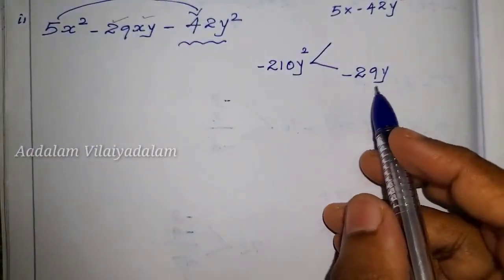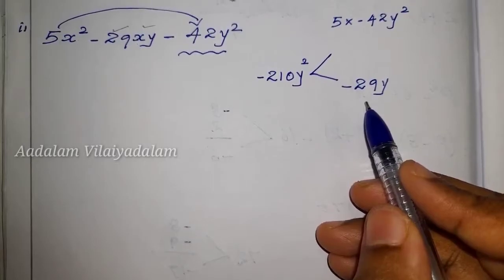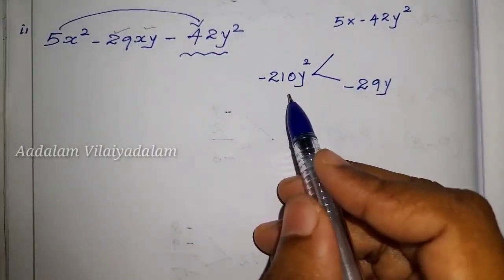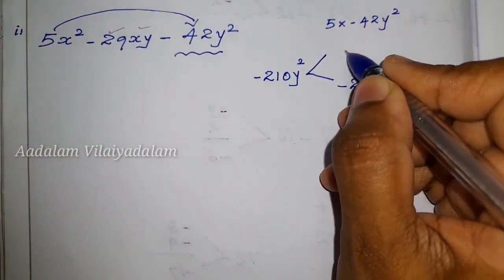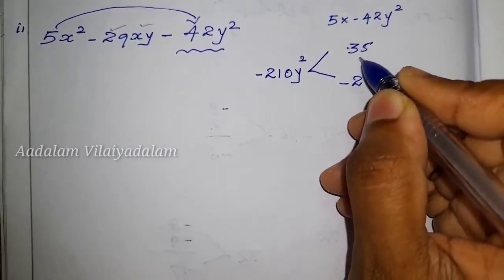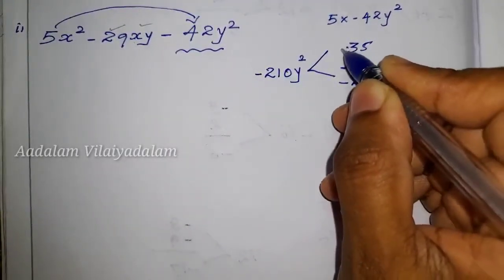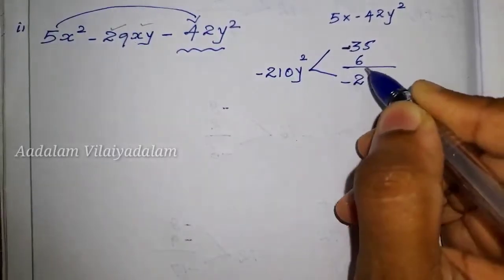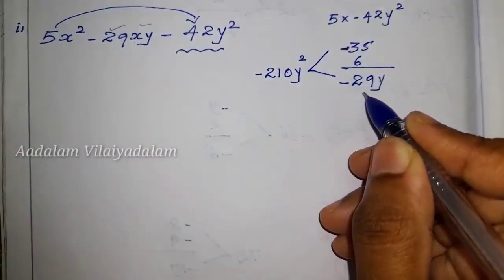So here the variable is there. The sum of the factors is minus 29y and the product is minus 210y square. So the possible factors are minus 35 and 6, since 35 6s are 210. So minus 35 plus 6, the answer is minus 29y.